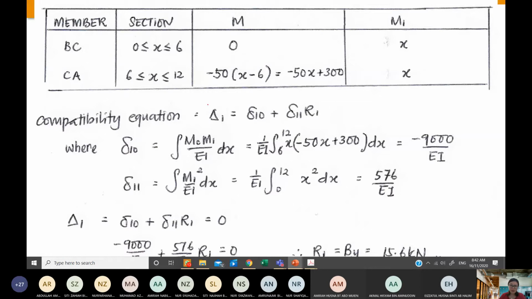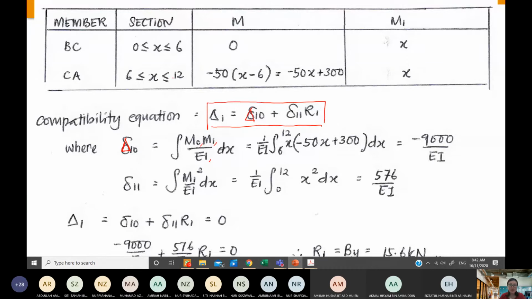So you still need to write your compatibility equations. Now this is not delta 1 knot, sorry, what we have earlier is delta 1 knot. Okay, so can you help me to change it so that you will not be confused. Delta 1 knot will be dealing with M what? M naught over EI, and from the range.